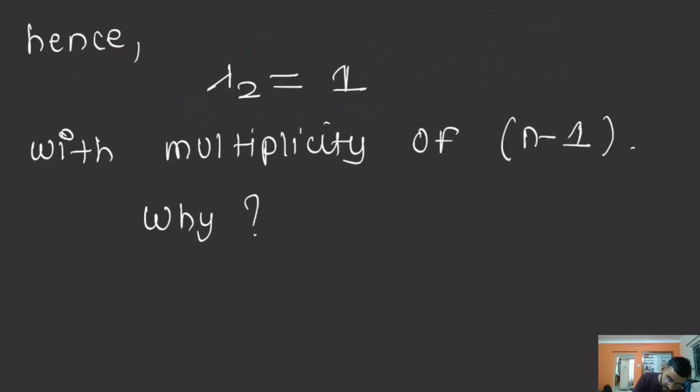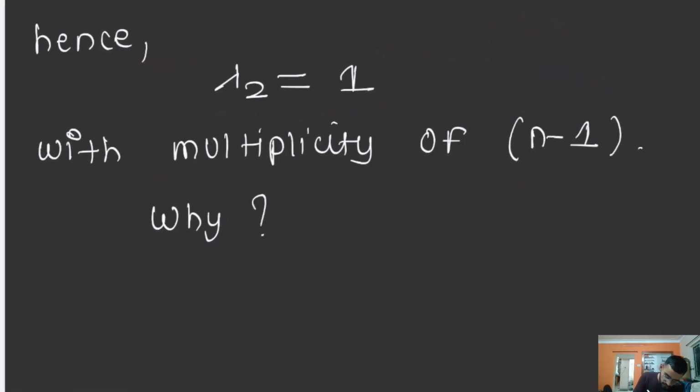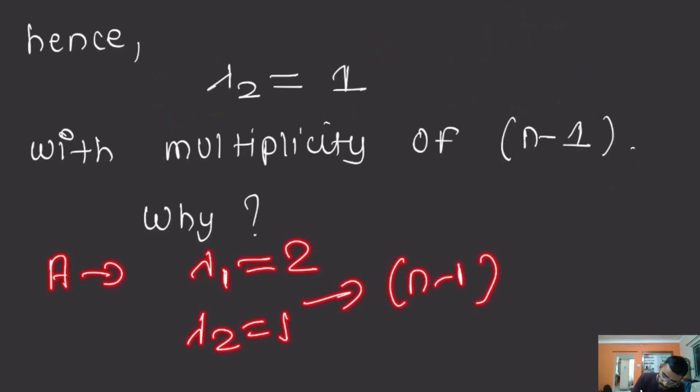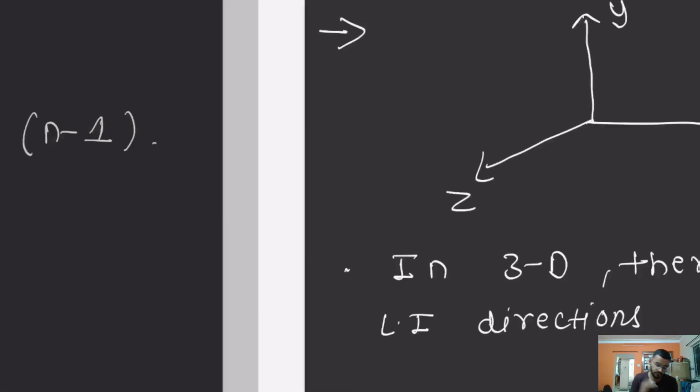Now this eigenvalue 1 has a multiplicity of n minus 1, which means A has one eigenvalue equal to 2, and another eigenvalue equal to 1 with multiplicity n minus 1. Let's see why.